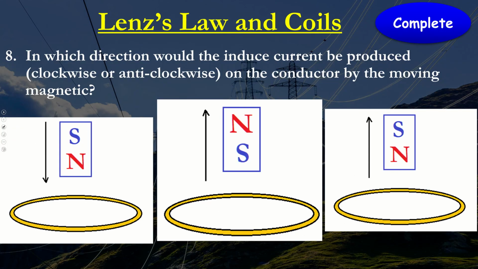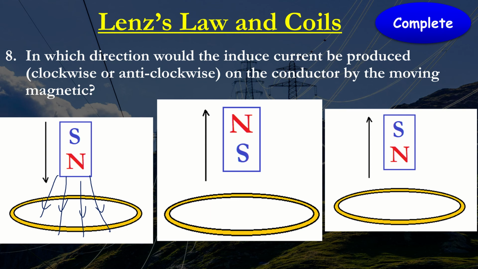Okay, so let's use this example here. We have a North Pole, and we know that for a magnet, field always goes from north to south. So in the first one here, we have North Pole magnetic fields coming into the page. If we look at what's happening here, the magnet's coming further down.